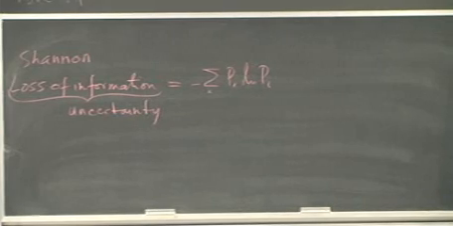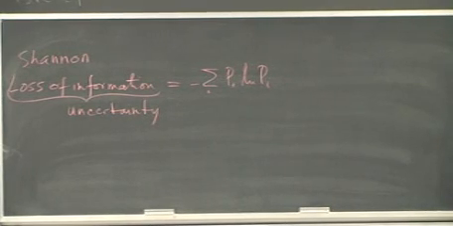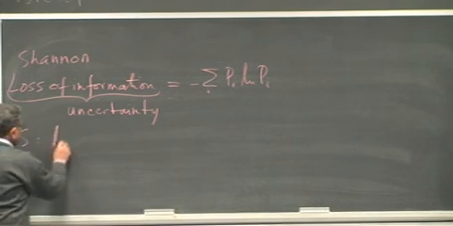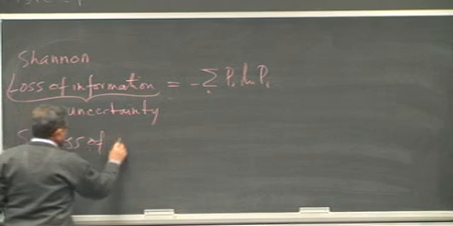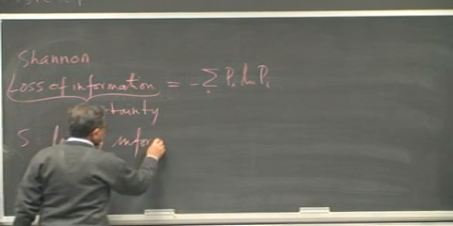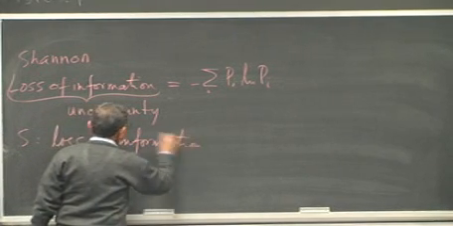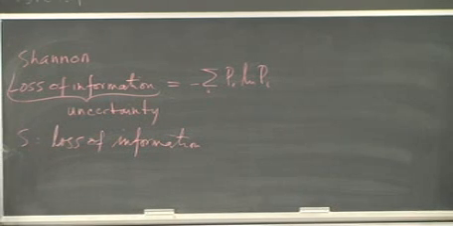It tells us that entropy S is loss of information. Increase in uncertainty about the system.